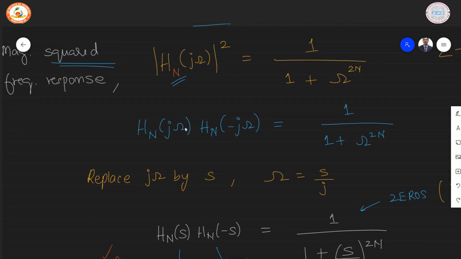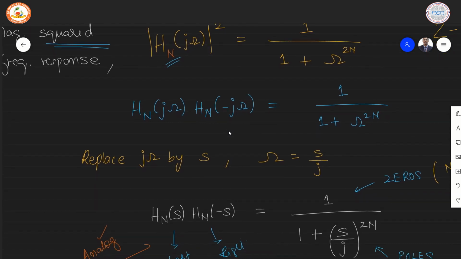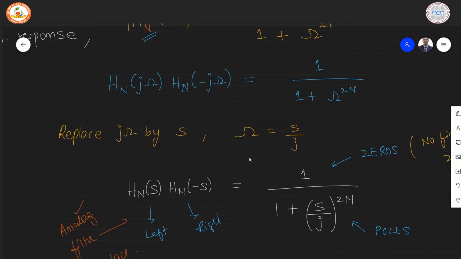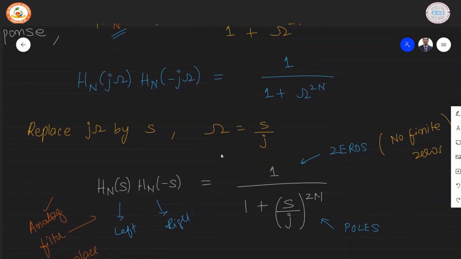So we are associating one part with a positive frequency and another part with a negative frequency. Now, to obtain the transfer function from the frequency response, we have to replace jω with s, and omega will be replaced by s divided by j, and hence the above equation will become something like what is shown here.